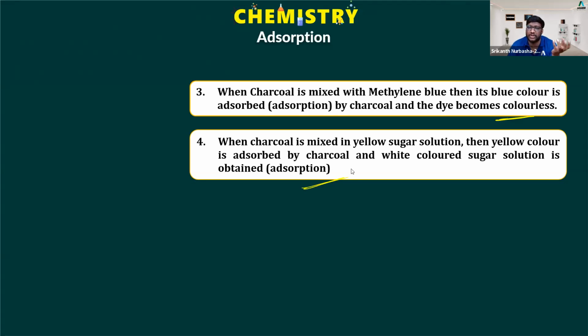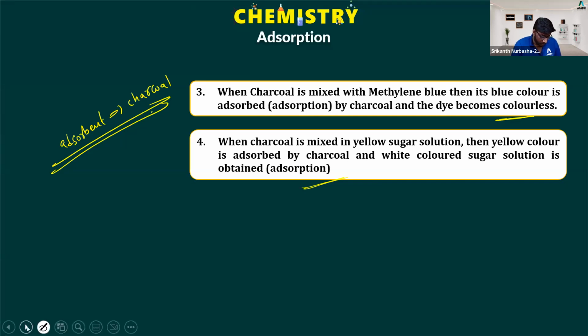So charcoal is an adsorbent, and the methylene blue color and the yellow colored sugar solution are adsorbates. In both scenarios, the adsorbent is charcoal. Right?